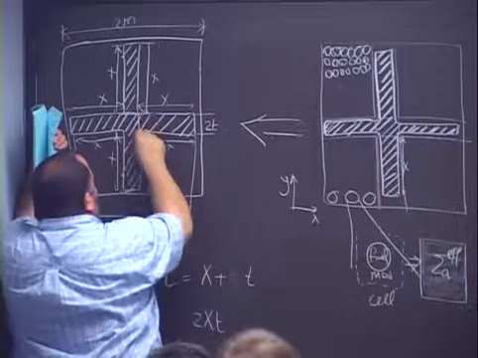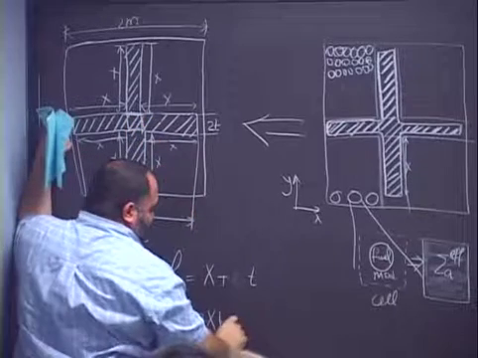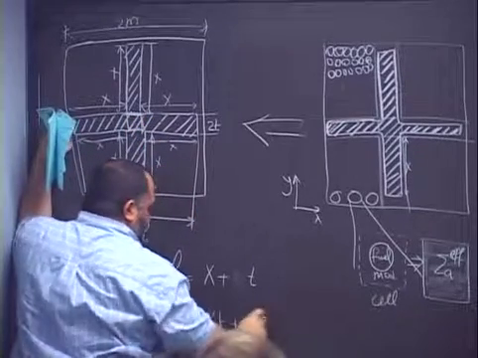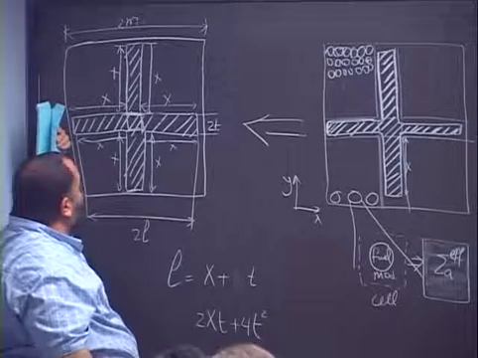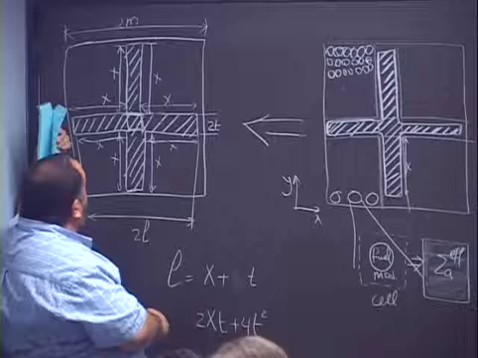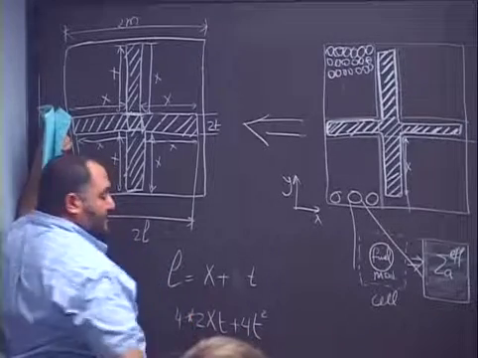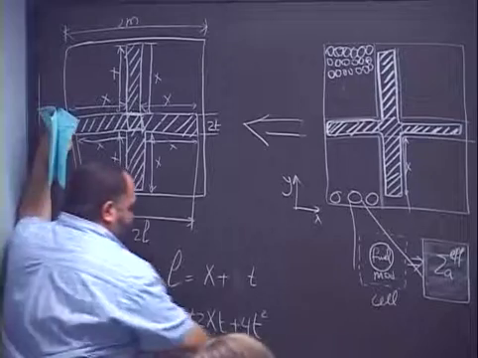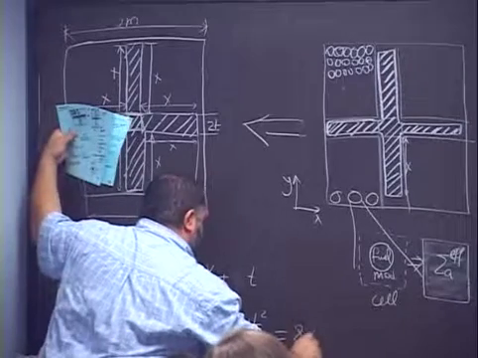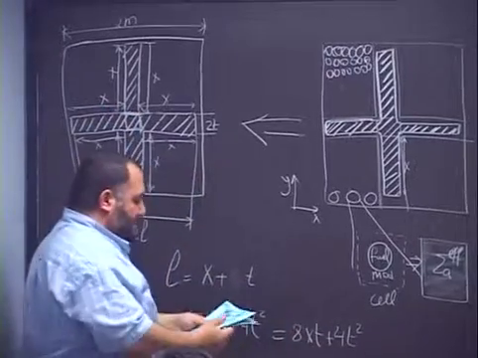But I have here, the center one is 2t by 2t, which is 4t squared. Yes, guys? So this is 2t multiplied by x multiplied by 4. So this will give me 8xt plus what?